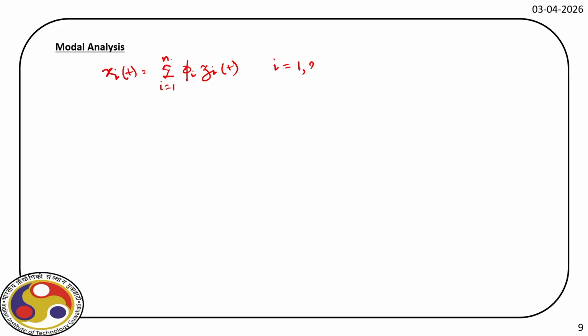In our case we have 2 degrees of freedom, so i is 1 to 2. So we find the solution x1 of t and x2 of t. But for that, on the right hand side, we need z1 and z2. These are the modal solutions.